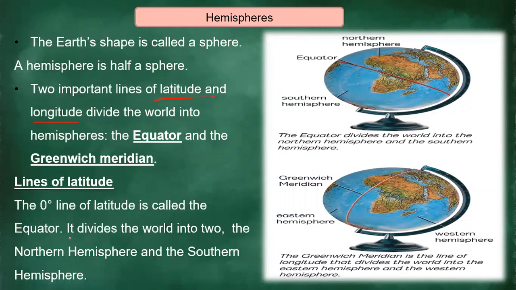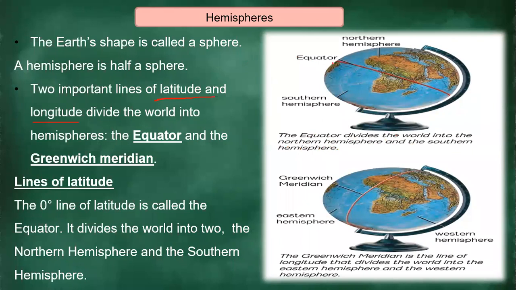So it divides the world into two: the northern hemisphere and the southern hemisphere. As you can see, this globe portrays the equatorial line and how it divides the world into the northern hemisphere and the southern hemisphere.